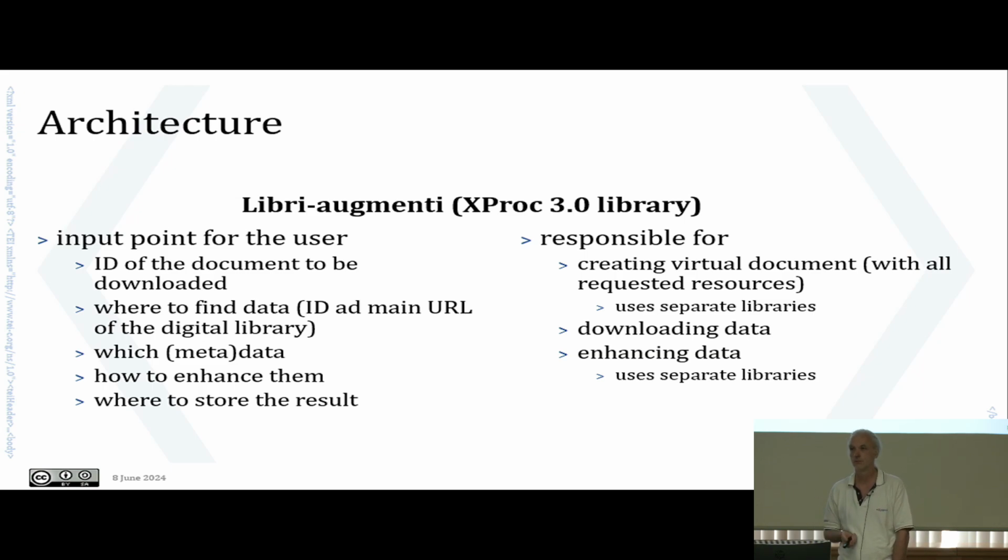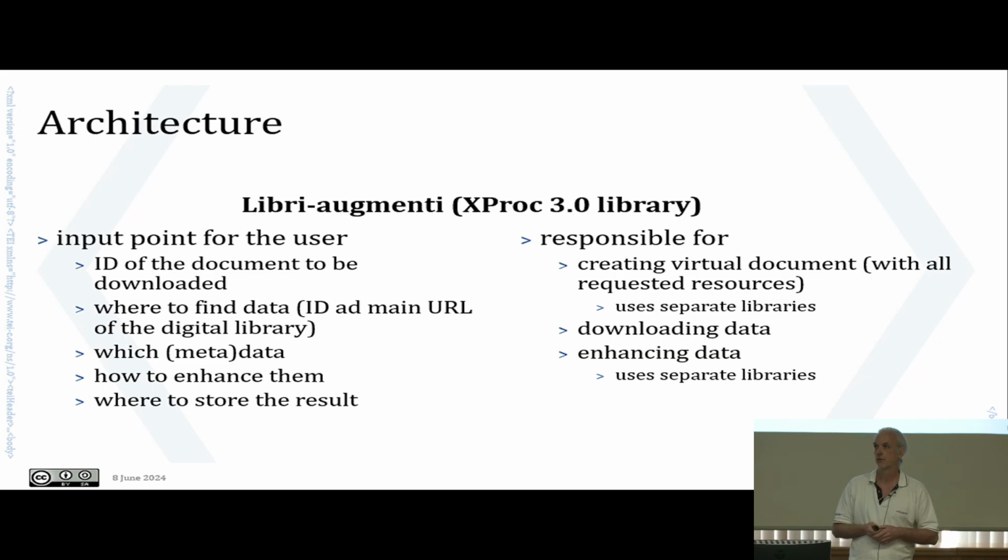There is one library I call Libri Augmenti, and this is the input point for the user. He or she can define the identifier of the book, of the monograph, where data should be downloaded, which data or metadata should be downloaded, how to enhance them, and that's all.